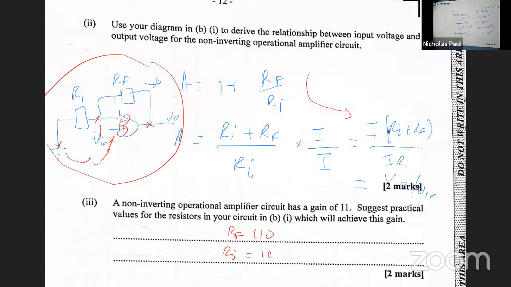Remember the formula was 1 plus Rf over Ri. So it should have been 100, right? And just make sure you're using kilo ohms. So it's 100 kilo ohms and Ri could have been 10 kilo ohms. Remember the formula is 1 plus 100 over 10.